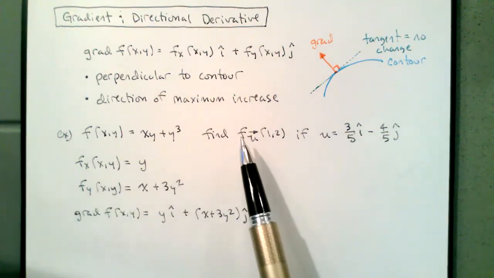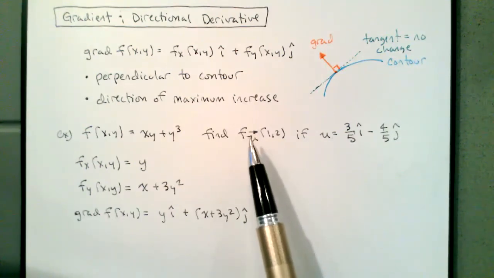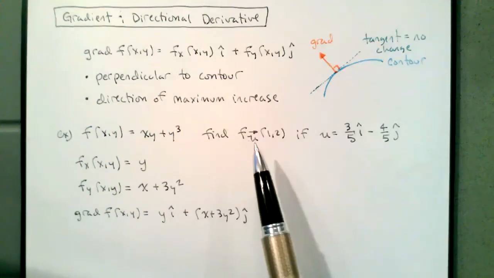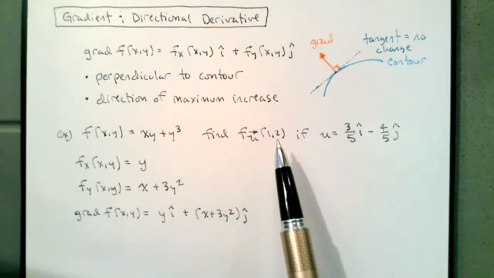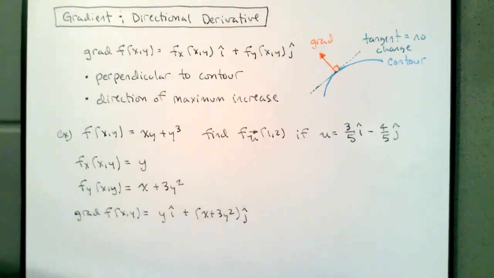When we have f sub u, where u is a vector, find the derivative of f in the direction of the unit vector u at the points 1, 2. So that's what this notation means. It's consistent with our derivative notation from before. So this f sub u at 1, 2 is the derivative of f in the direction of unit vector u.